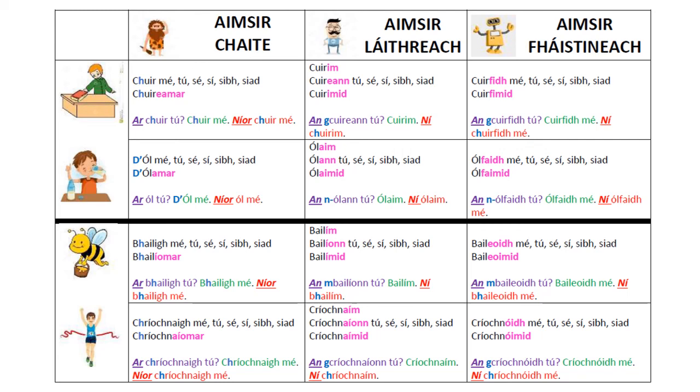So the main things to remember are use a H and have a special ending for we. If you look at your aimsir loihruk, your main things to remember are don't use a H. You have a special ending for me and a special ending for we. And if we look at our future, again, don't use a H, but now we're back to not having a special ending for me, just a special ending for we.